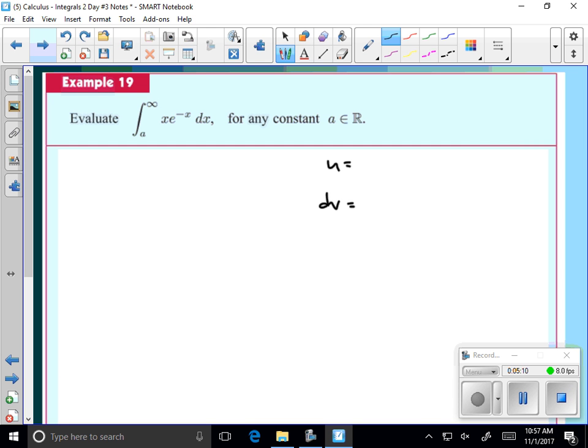From the test, LIATE, which one of those is higher priority, x or e to the negative x? x. So x will be u. So du will be 1 dx. And dv then is, was it cosine? No, it's e to the negative x dx. And therefore, v will be negative e to the negative x.